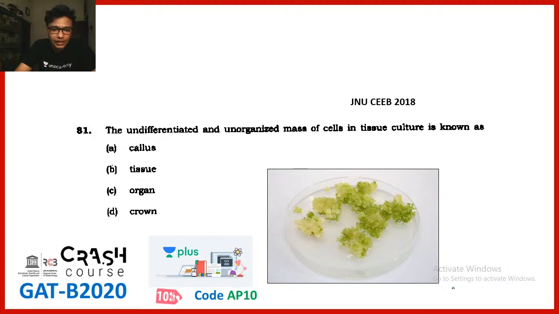Okay, so the undifferentiated and unorganized mass of cells in tissue culture is known as callus in plant tissue culture. It should be written here, the word plant, which was not written here, but what can we do? So tell me guys, what would be the answer?